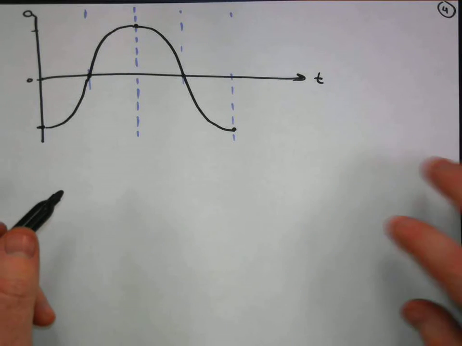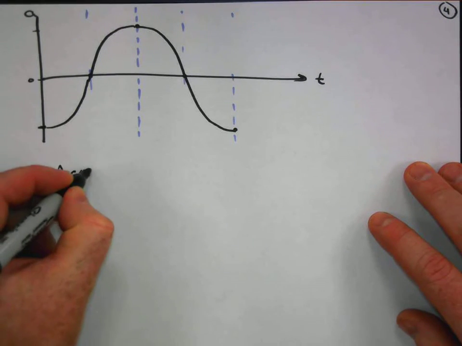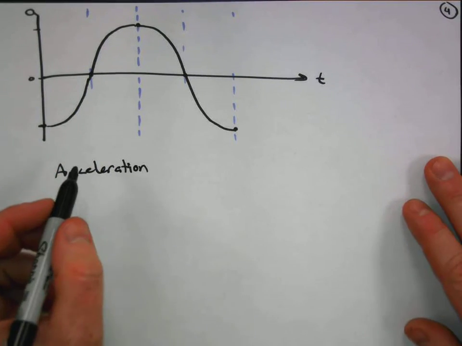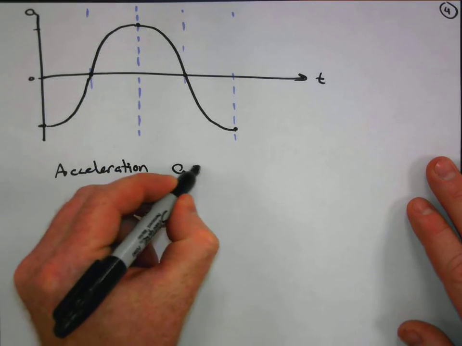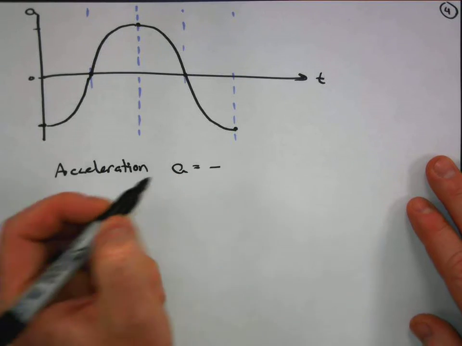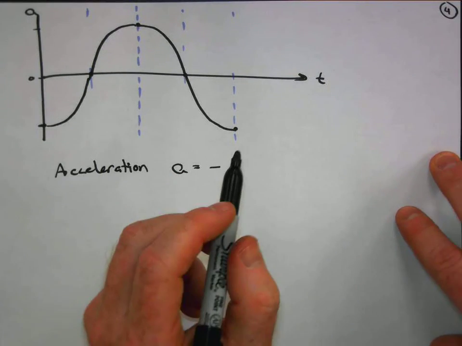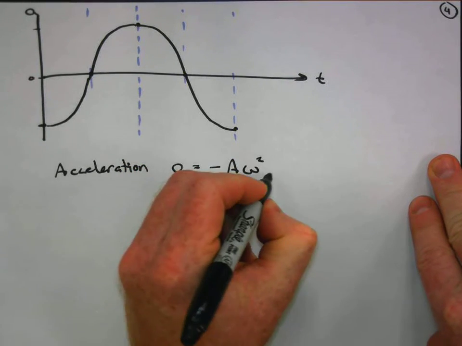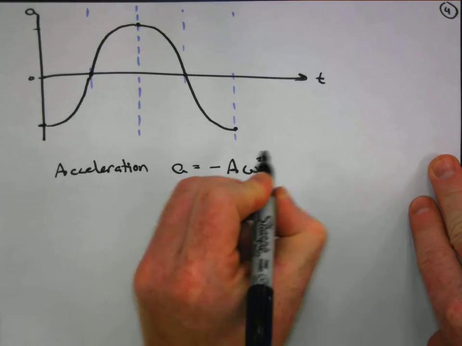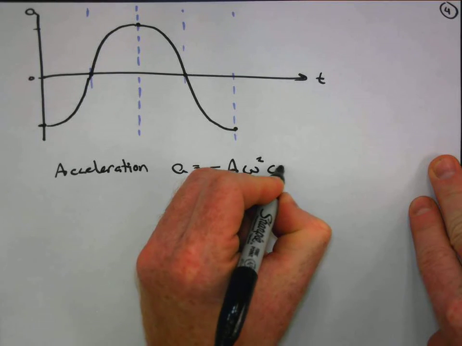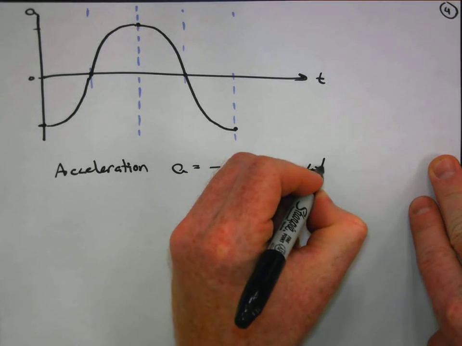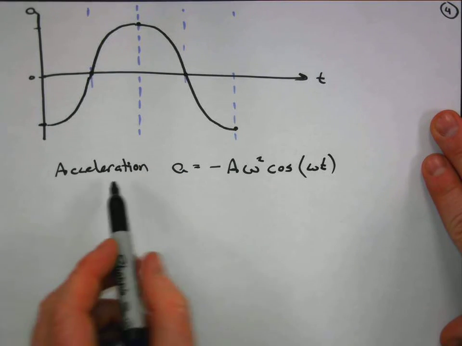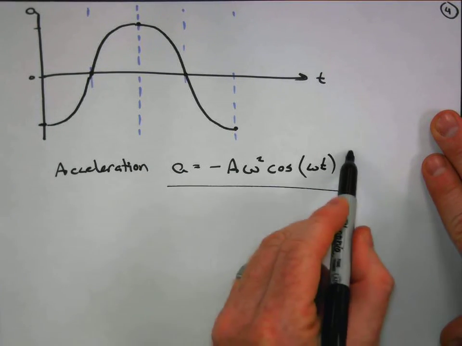We have, for acceleration of the mass on the spring, an inverted cosine function, so there's going to be a cosine here. But I have to put this out front. So there's amplitude times angular frequency squared, cosine of angular frequency times time. That's the equation for the acceleration of this mass on the spring.